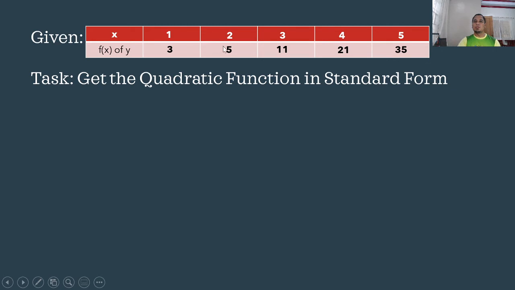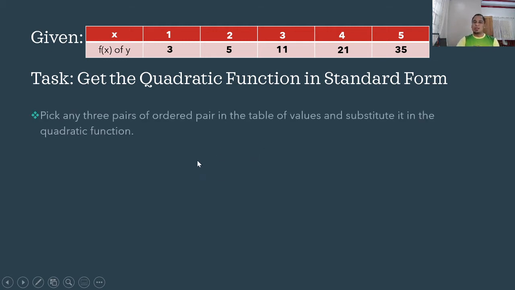Now, bawat isa po dito, I would want to make it clear, ordered pair yan. Sila yung magkapares. Ano yung magkapares natin dito? 1 and 3, 2 and 5, 3 and 11, 4 and 21, 5 and 35. Ordered pair sila, X and Y. Pick any three pairs of ordered pair in the table of values and substitute it in the quadratic function. Kahit alin.